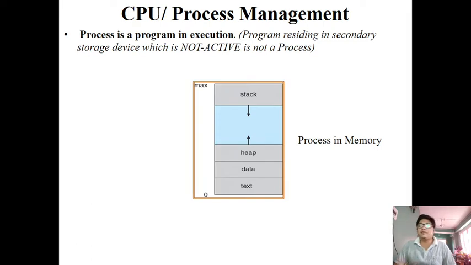So when you specify ./a.out, its meaning is execute a.out. The a.out file will be loaded from the secondary storage device into the primary memory, and then will get executed by the CPU. Now when you give the command ./a.out, it may happen that there is not enough memory in the RAM or primary memory.